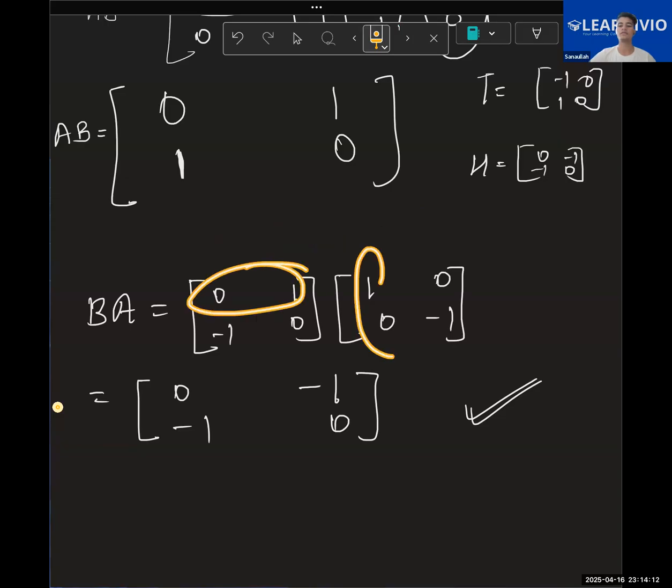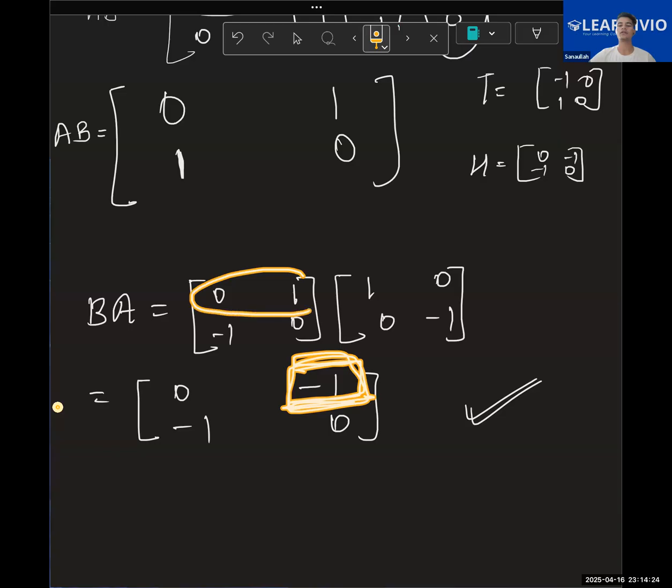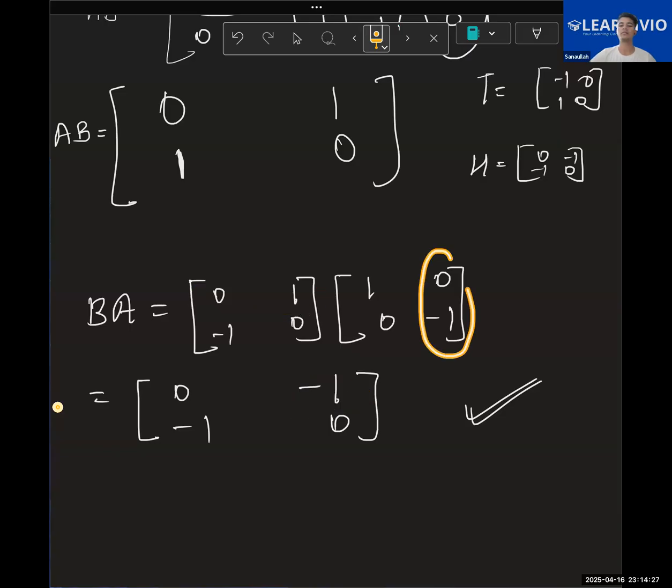First row, first column, that is this first element. This second element, where is it? It is in the first row and second column, right? So you will take the first row and second column and then similarly multiply. Okay? So that is how we are going to do the matrix multiplication.